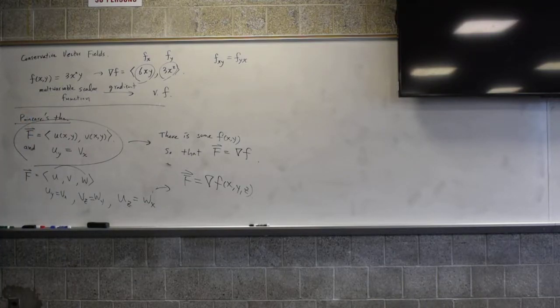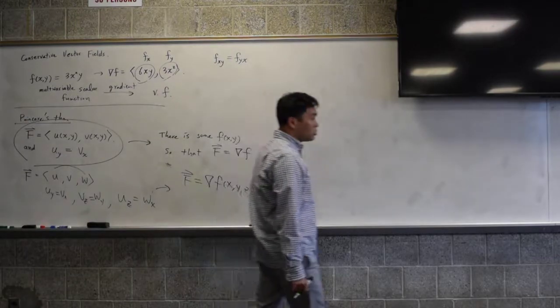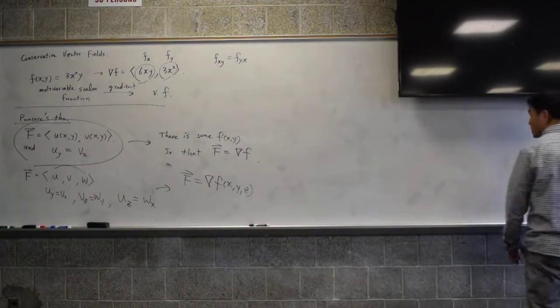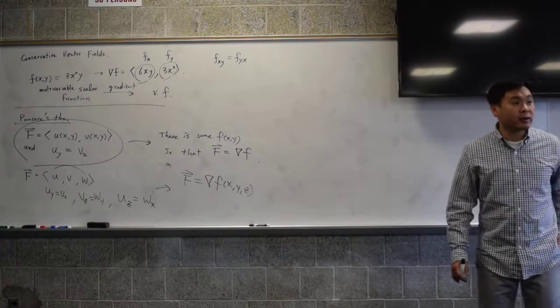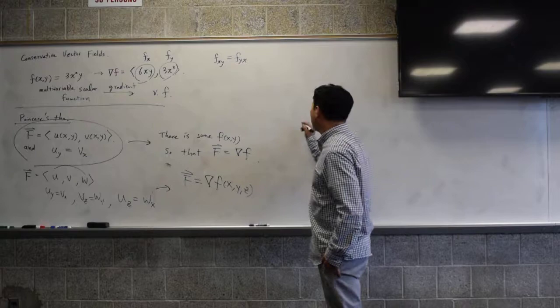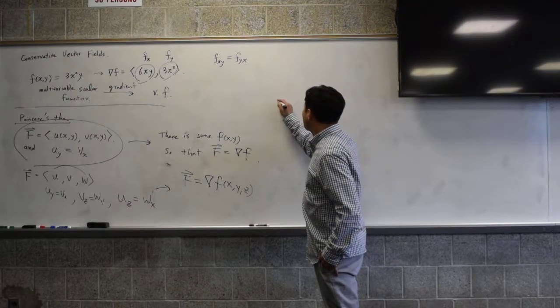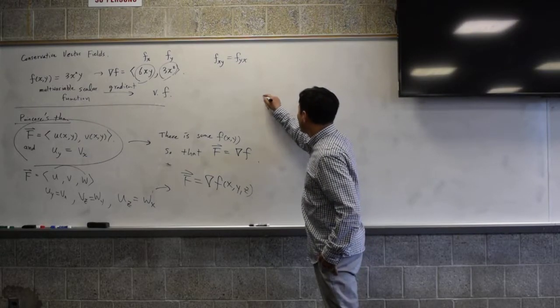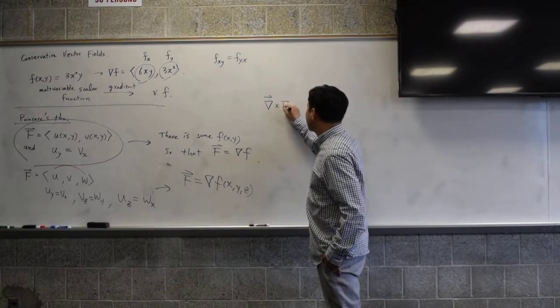Now, another way to state this theorem is the following. You remember the curl of a vector field. The curl of a vector field is what we call nabla cross f.